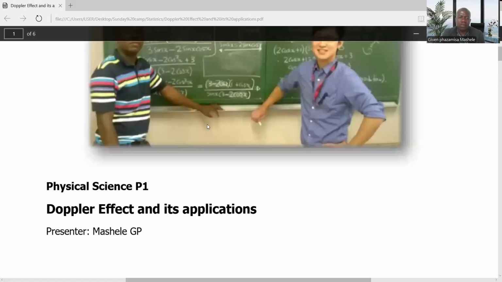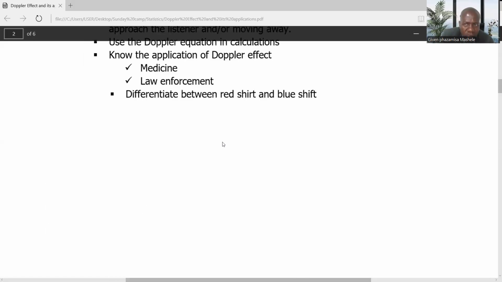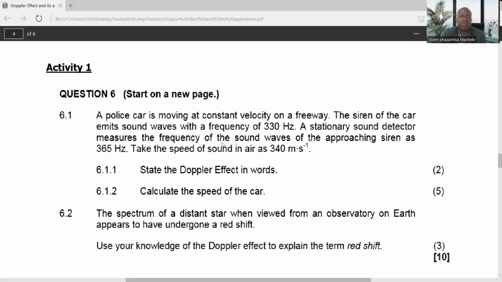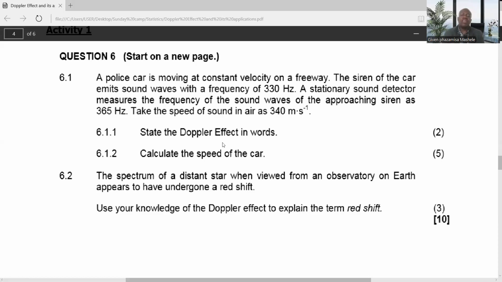Let us now go through the question without wasting time. I apologize, guys. Here is the question: a police car is moving at constant velocity on a freeway. At constant velocity or constant speed, it means the acceleration is zero.